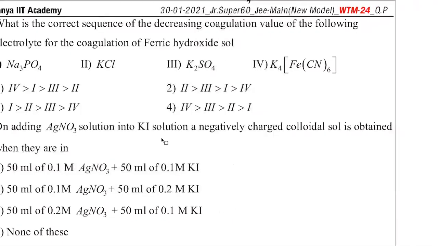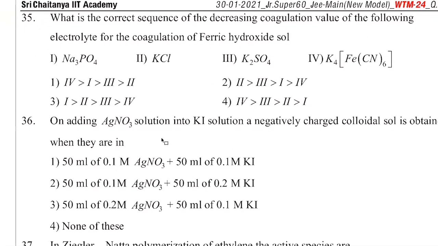We need coagulating value, not coagulating power. Power means lower value, coagulating value means higher. So KCl will have the highest, and the least would be for this one, because this has valency -1, this has valency -4. Then this is -3, this is -2. So I think that matches the second option.